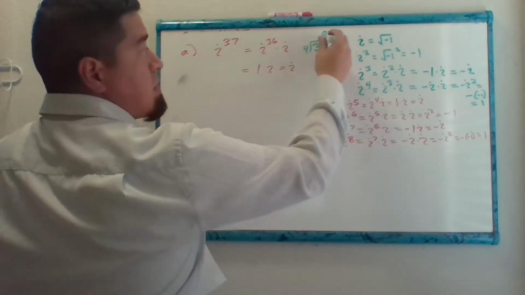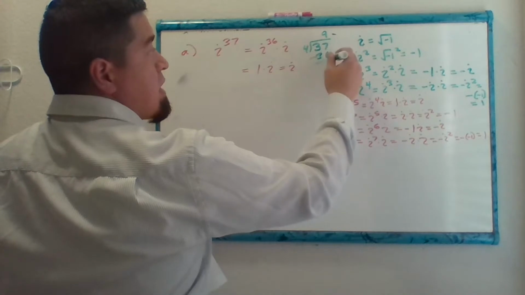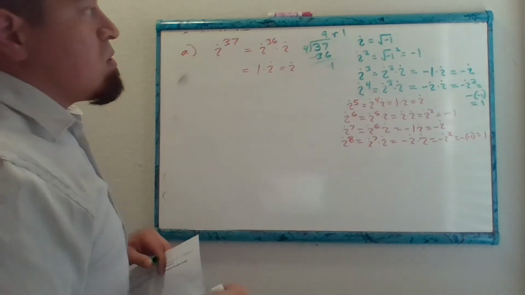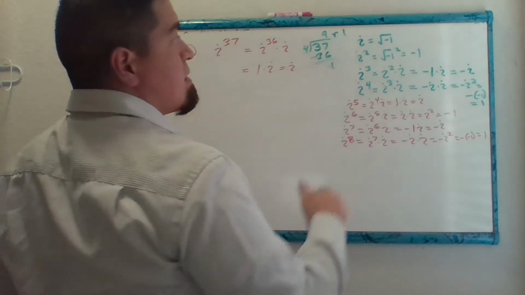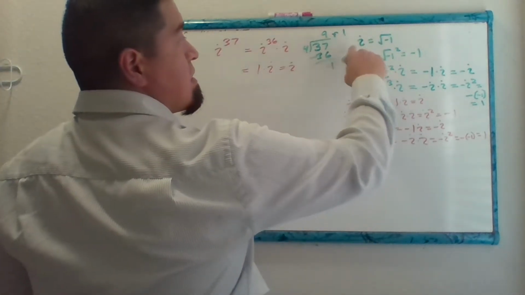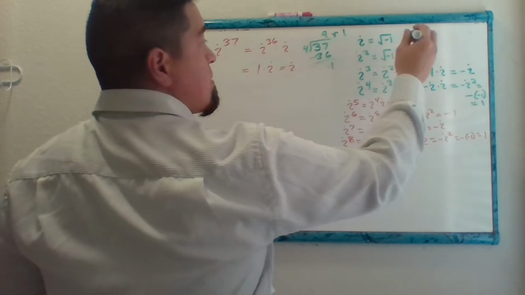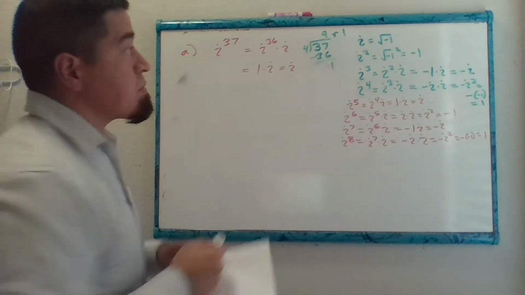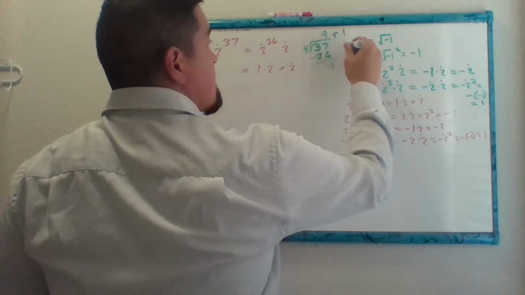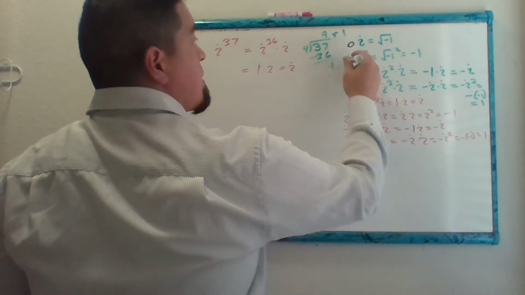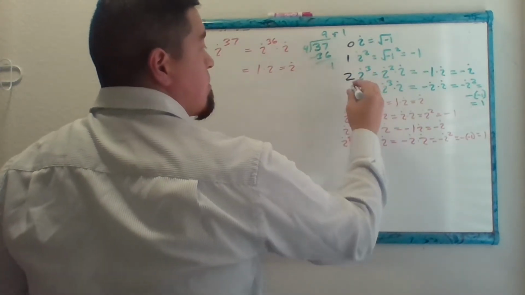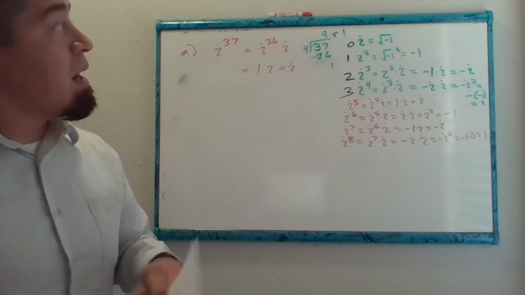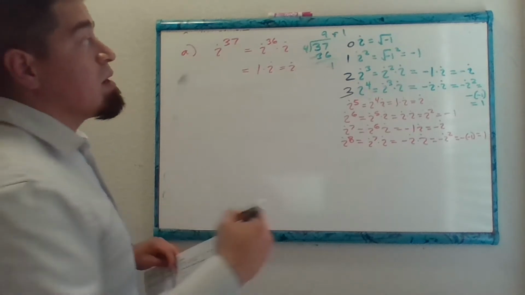So 9 times 4, that's 36. Subtract, you get remainder 1. Okay? So that means this first one will be remainder 0 here, and I'm going to do it in a different color just so you can see it. That's if you get a remainder 0. That would be if you get a remainder 1. That would be if you get a remainder 2. And that's if you get a remainder of 3. Okay? So in this case, we got a remainder of 1.